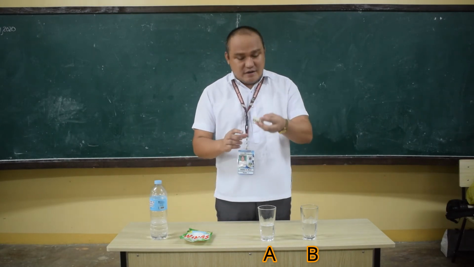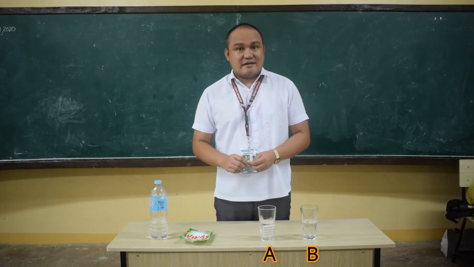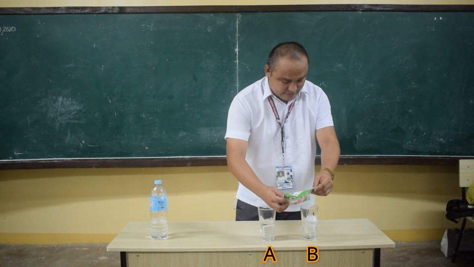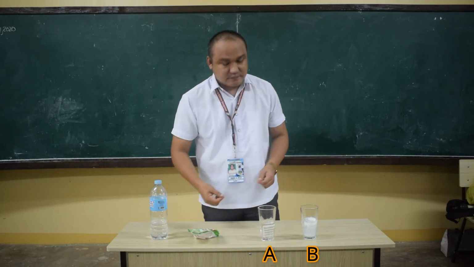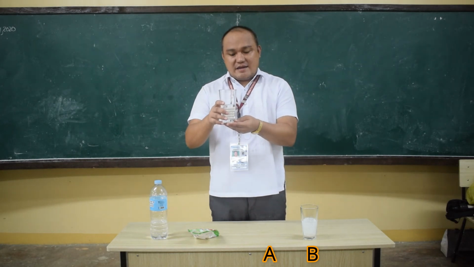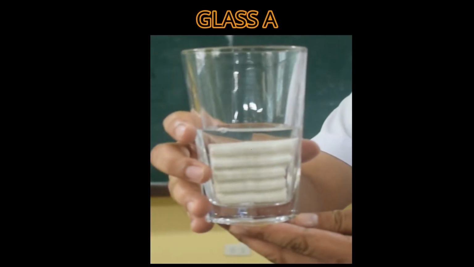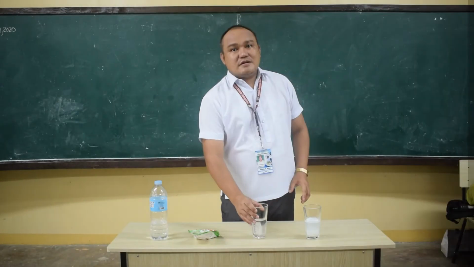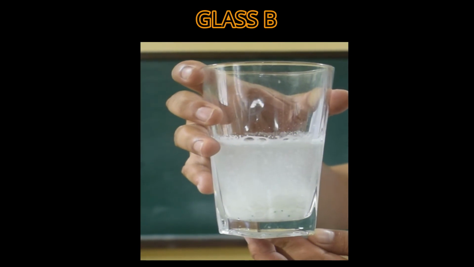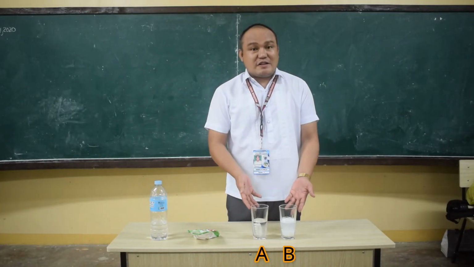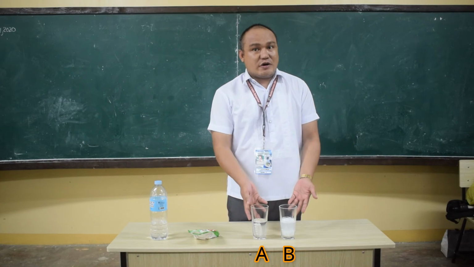Put the detergent bar in glass A. And put also powdered soap in glass B. Observe what happened in glass A. Observe what happened to glass B. Which of the two dissolves faster, glass A or glass B?